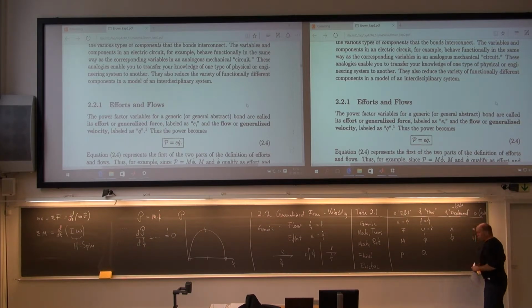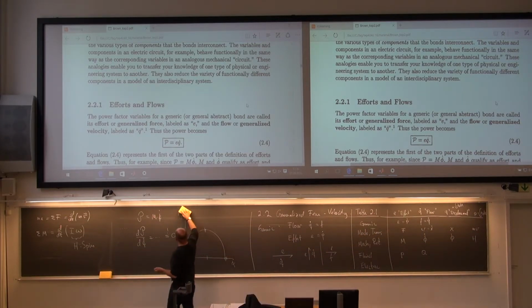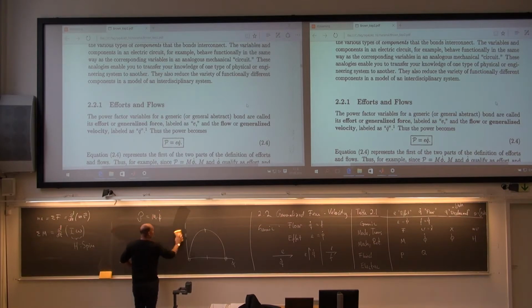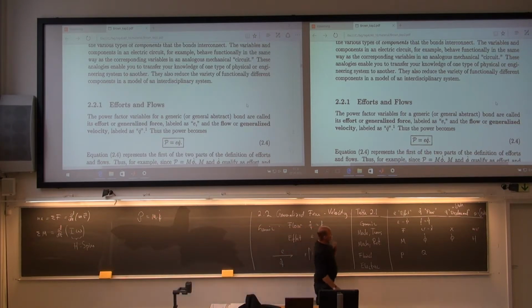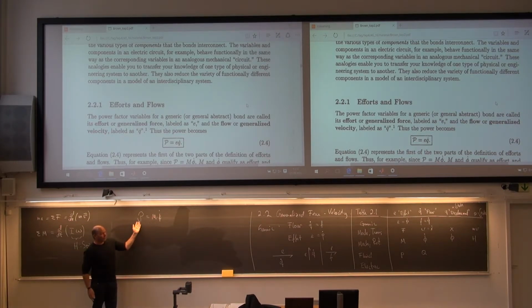Now let's just check while we're at it here. When you multiply effort with flow, you should get power. Okay. So this one, torque multiplied with rotational speed gives power. Okay. Maybe not. How should we think here?